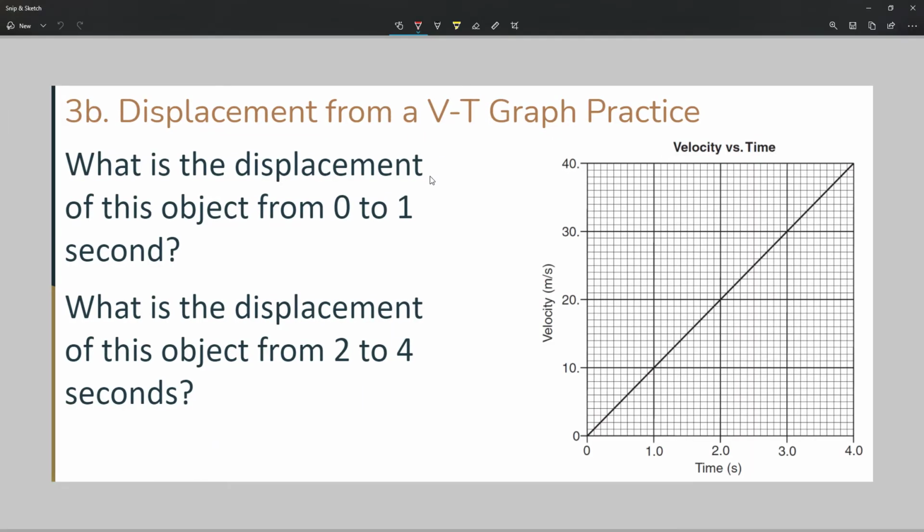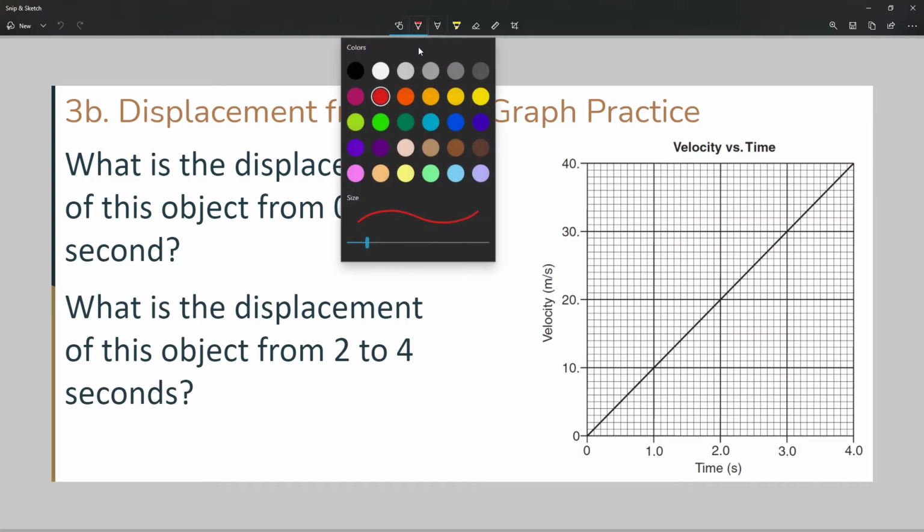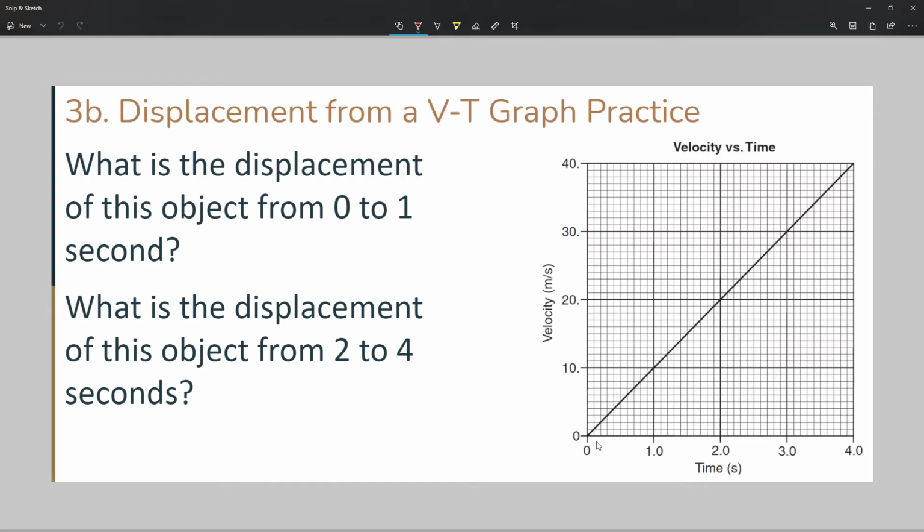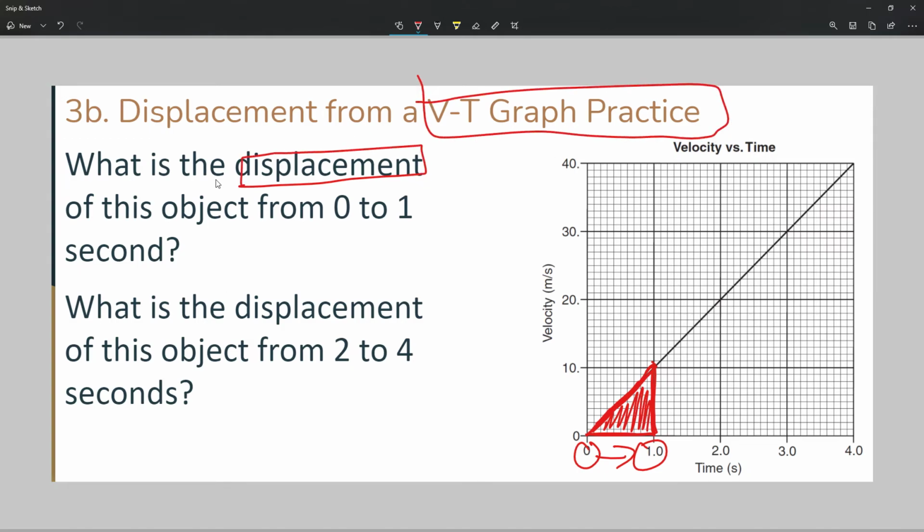The question says, what is the displacement of this object from 0 to 1 second? We want the area between the line and the axis, so we want to calculate the area of this triangle from 0 to 1 second. They're asking for displacement on a VT graph, so we need to calculate area.